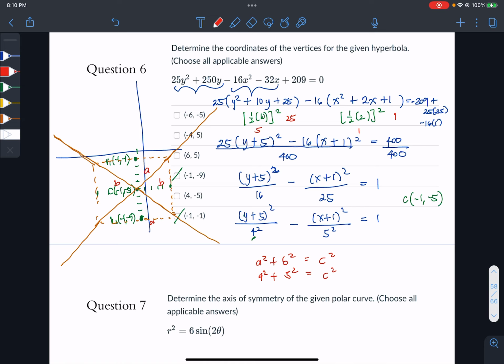So kung 4 ito, 5, 6, mga andito siguro yung focus niya, no? One of the foci. Approximate lang. Most probably, so this is how it looks like. Basta hindi siya tatama doon sa asymptote natin.